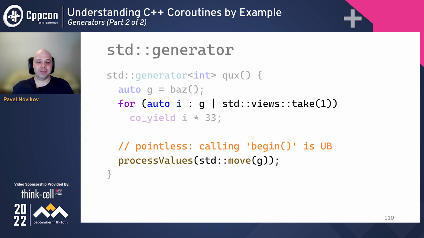Sorry for repeating the same words a lot of times, but in this example, passing a generator or moving the generator inside process values is kind of pointless, because inside you can only iterate over the values by calling begin, and by calling begin inside process values, we get undefined behavior, and kind of this is pointless.